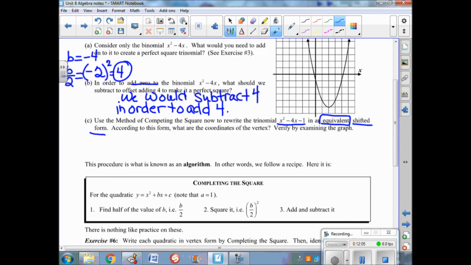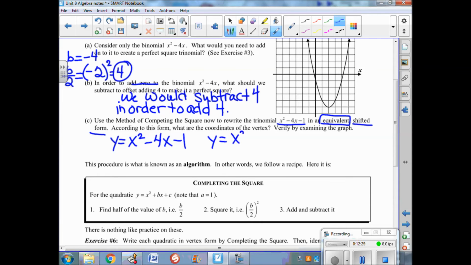So you're probably thinking, okay, how are we going to do that? If my original equation is that, and in part A we said we had to add 4 to be able to create this perfect square trinomial, watch what we're going to do.